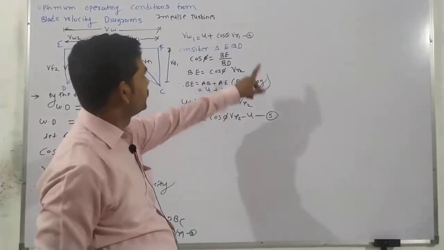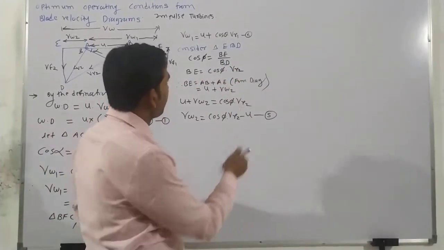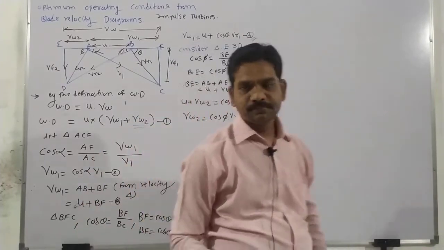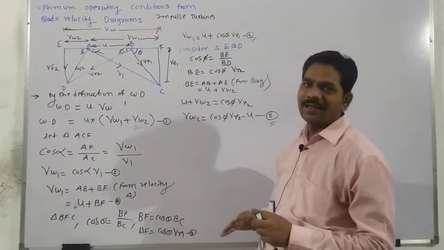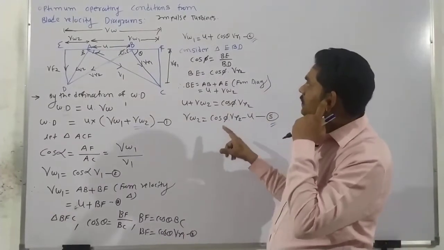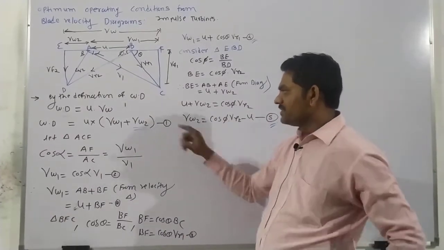So we are getting these equations 4 and 5, from this vector diagram and by the definition of cos. Now these two equations we have to put in equation number 1.